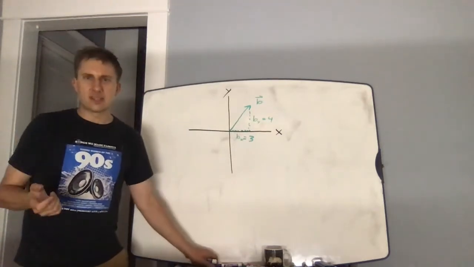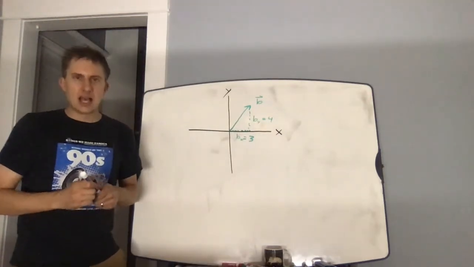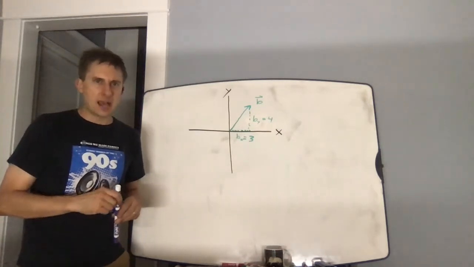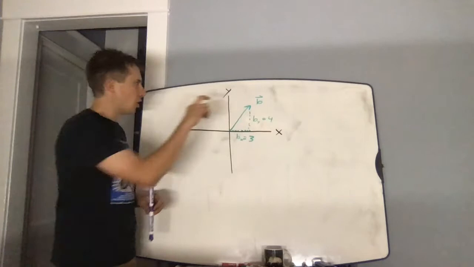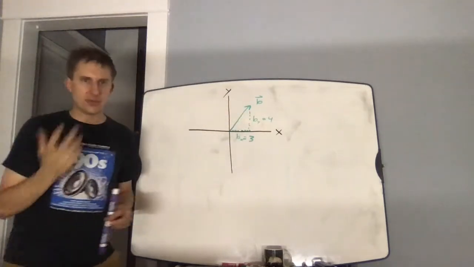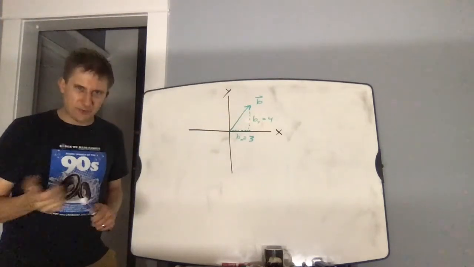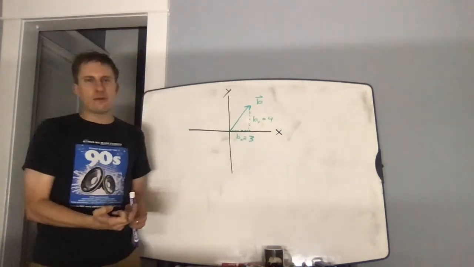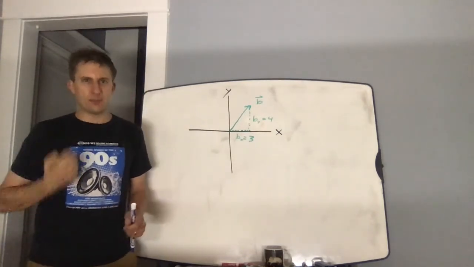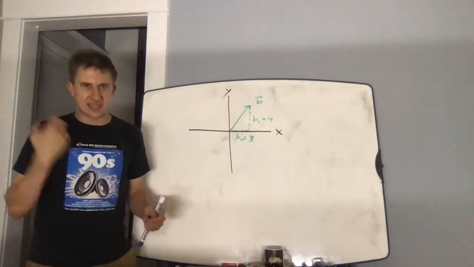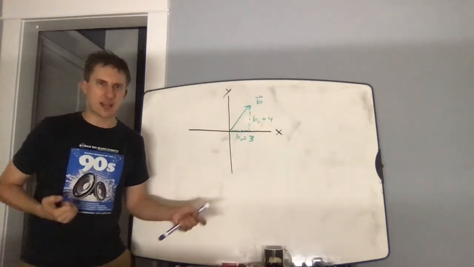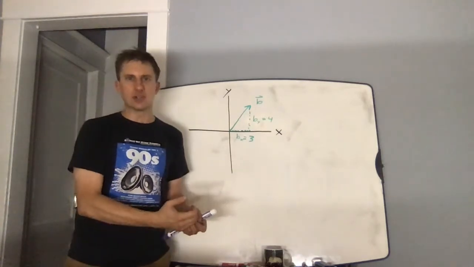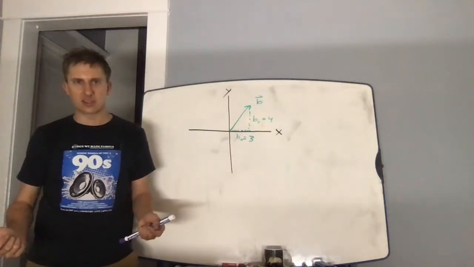Next, I want to find the components of vector a. Now, vector a is given to us as a magnitude of 5, so we know how long we want to draw our arrow on the board. I want to emphasize that the length of a vector is a mental picture. Vectors don't always necessarily have length. Vectors are not necessarily always measured in meters. They can be measured in meters per second or meters per second squared.